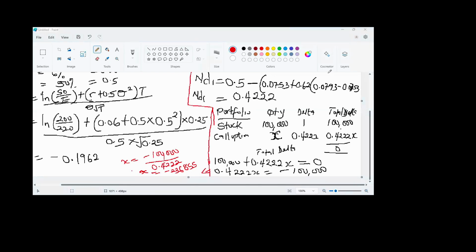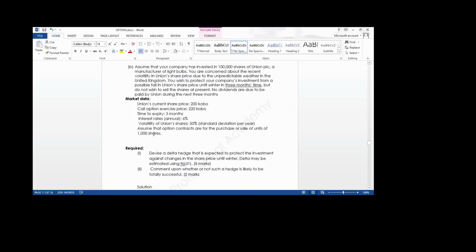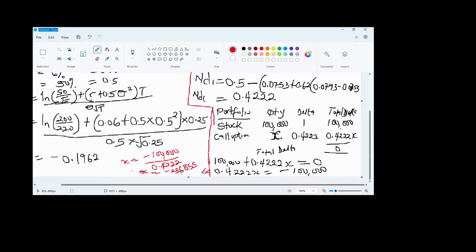And the question says to assume that option contracts are for purchase or sales of units of 1,000 shares. One option is for 1,000. So how many options am I going to buy? I'll divide this by 1,000.